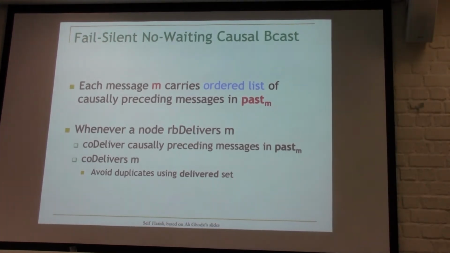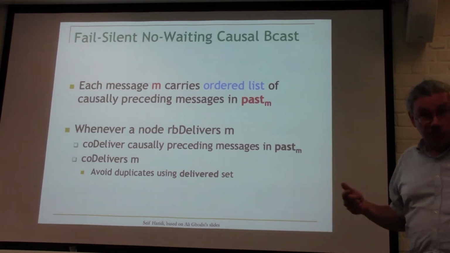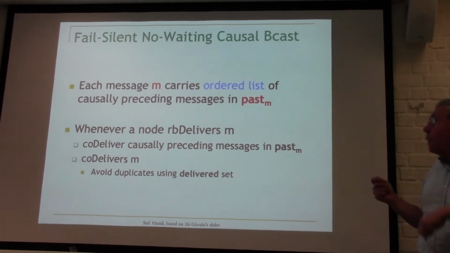So this RB delivers both M plus past M. I look at this list, and if there are any messages in here that I have not delivered yet, then I will deliver them before delivering M. So I guarantee that all the causally preceding messages get delivered before M.